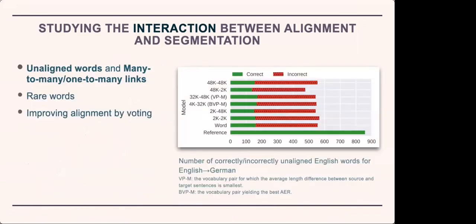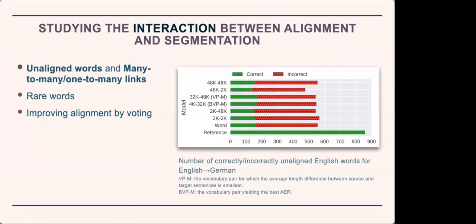For unaligned words, compared with HMM and IBM4, we notice that BPE-based models are less prone to over-generate null links. As can be seen in the right figure, the best BPE models, 4K and 32K, remove 40 incorrectly unaligned words and find 10 correctly unaligned words.